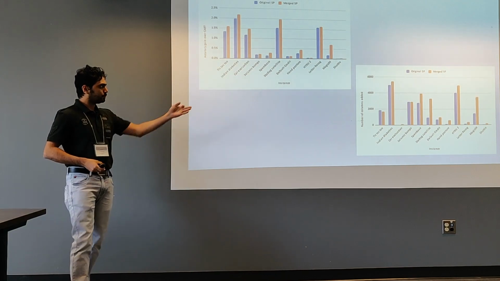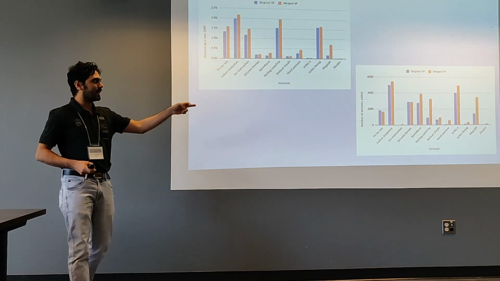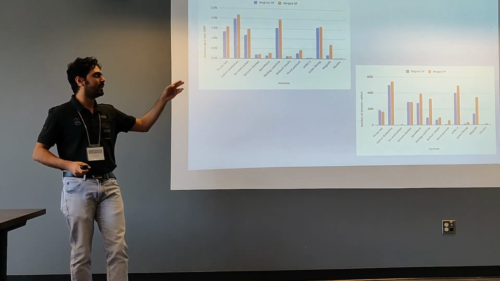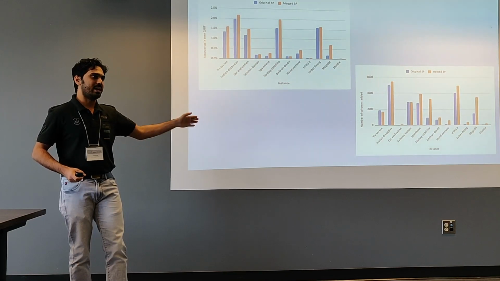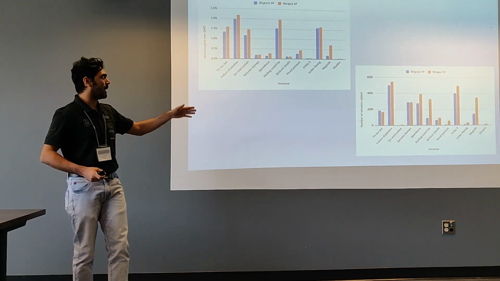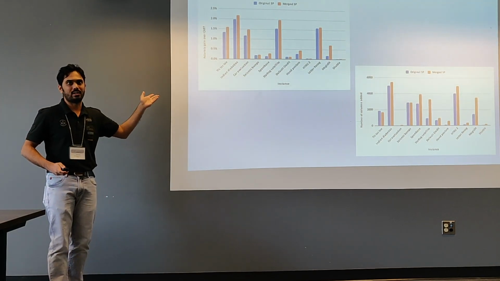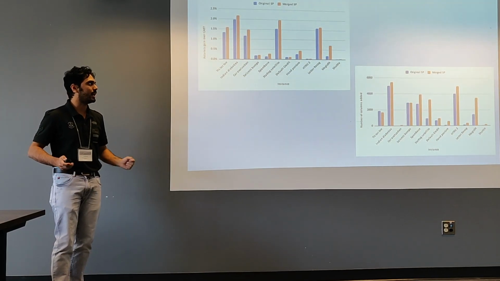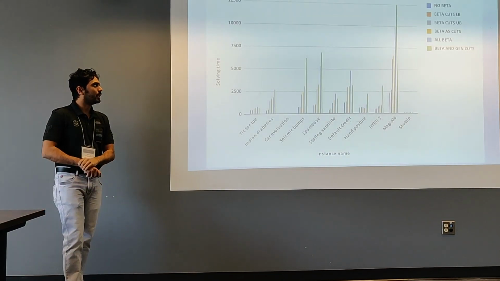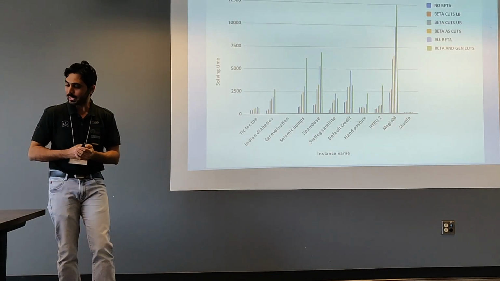You can see in the second graph that it results in more column generation iterations for the same time limit, and that's why you have slightly higher gains over CART compared to the original. Now let's come to the beta constraints.